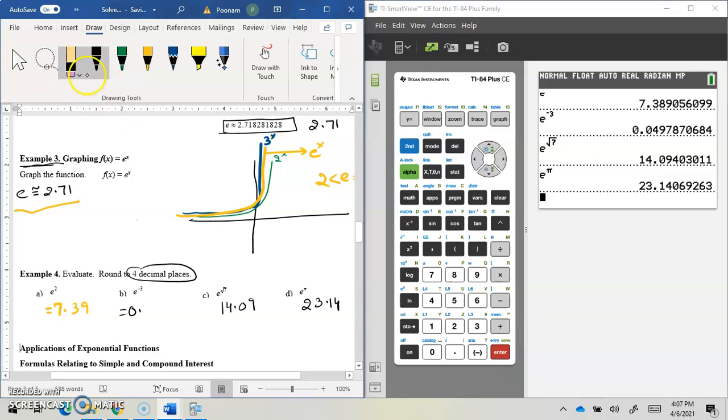E to the power negative 3 was rounding off to this, and this one will be 73890. This would be this, and to the 4 decimal, this would be this.